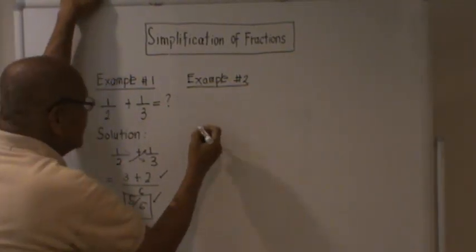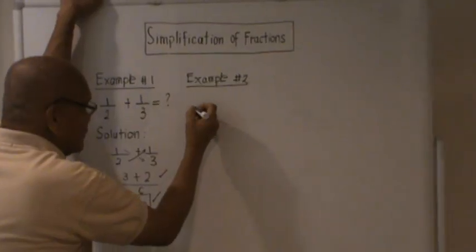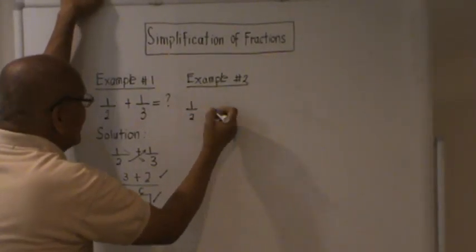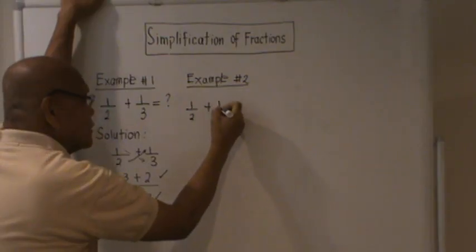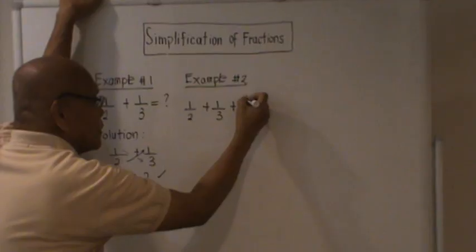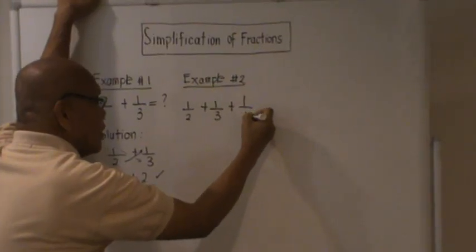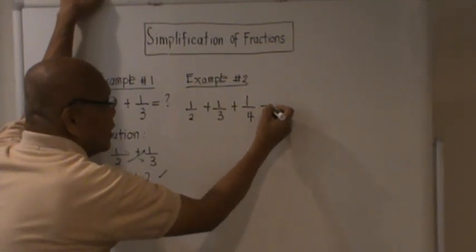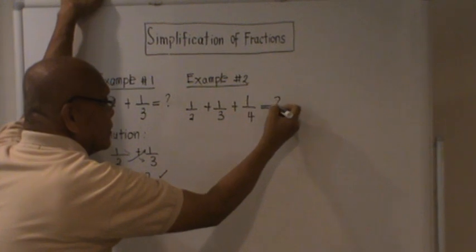Supposing the fractions are different, it will be 1/2 plus 1/3 plus 1/4. What will be the result?